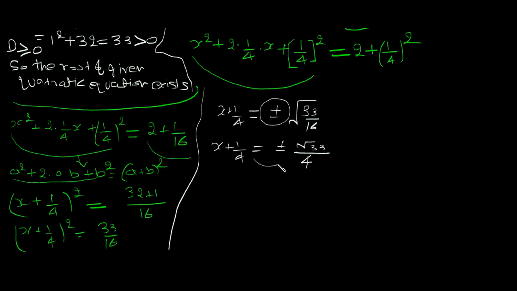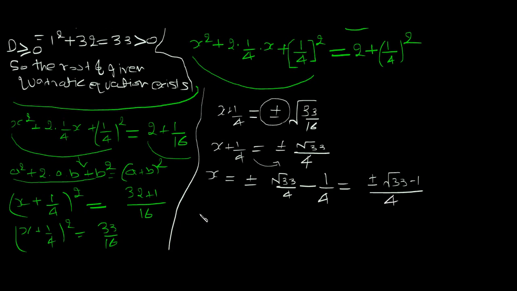Now I will move this 1 by 4 to this side, so I will get x is equal to plus minus square root of 33 over 4 minus 1 over 4. I can write this as plus minus square root of 33 minus 1 upon 4.